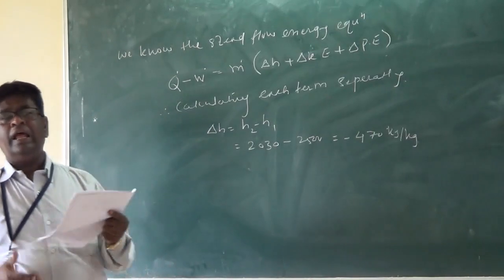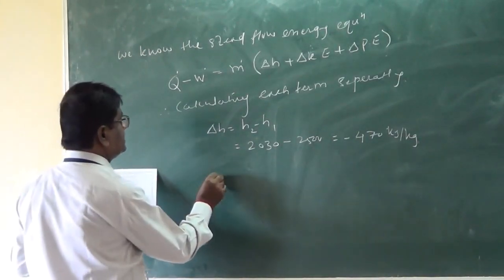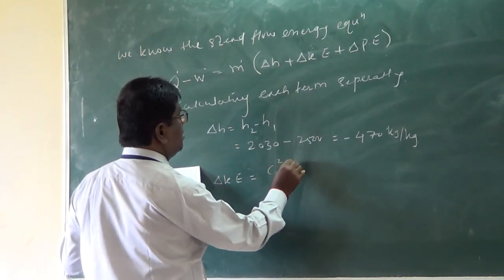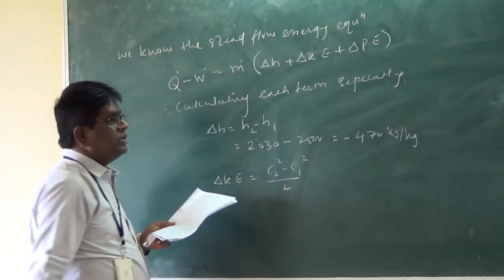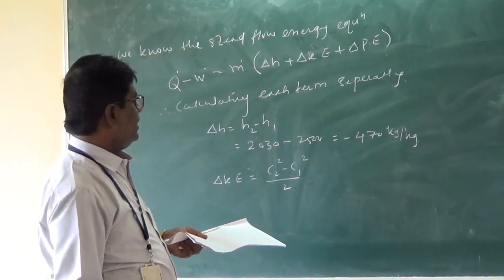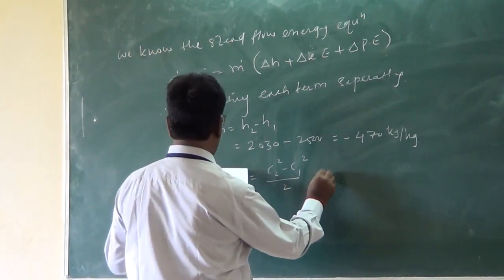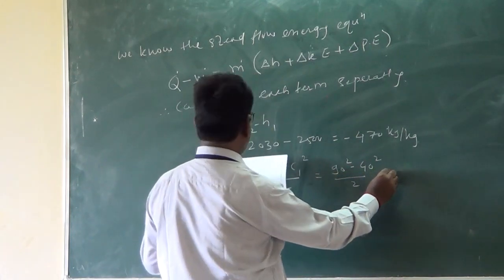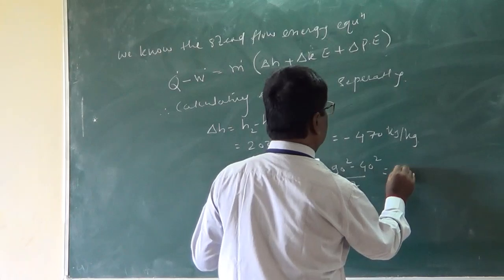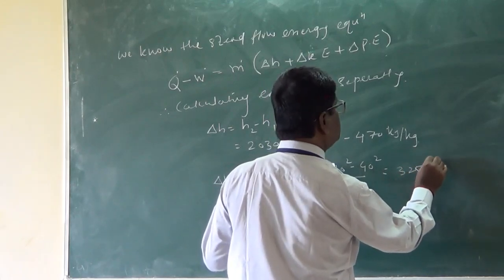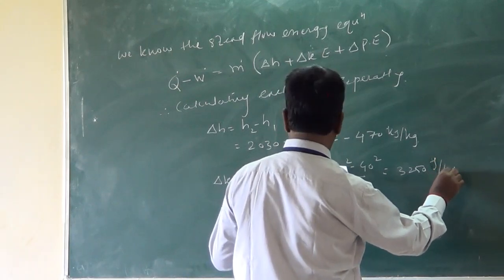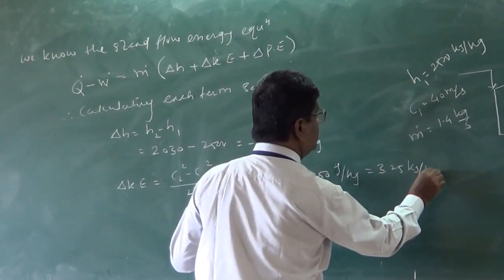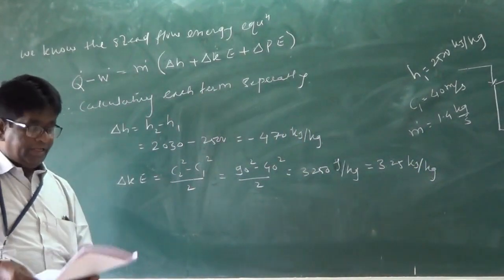So this is the change in enthalpy. Similarly, delta K is equal to C2 square minus C1 square divided by 2. C2 and C1 both are given here. We can calculate by putting values. That is 90 square minus 40 square divided by 2, and it is equal to 3250 joules per kg, which is 3.25 kilojoules per kg. So this is nothing but the change in kinetic energy.